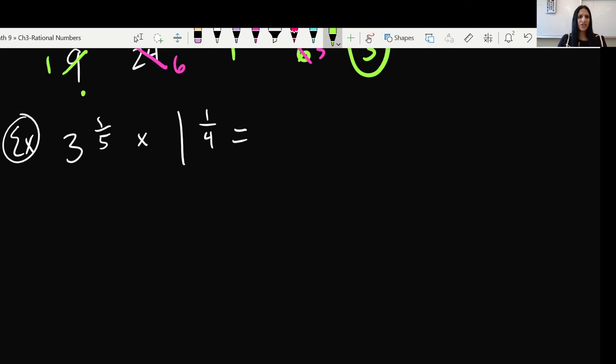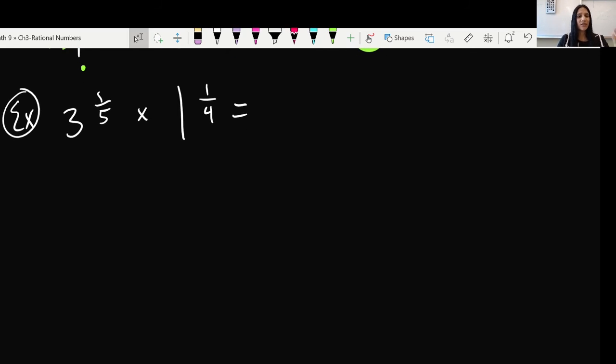But what I would suggest that's going to make things easier for us to work with is to change them to a form that makes it a bit easier to work with. So let's change these out of mixed fraction form and let's convert them into improper fractions. How I would do that is I would do 3 times 5 gives me 15 plus 1. So I would have 16 over 5.